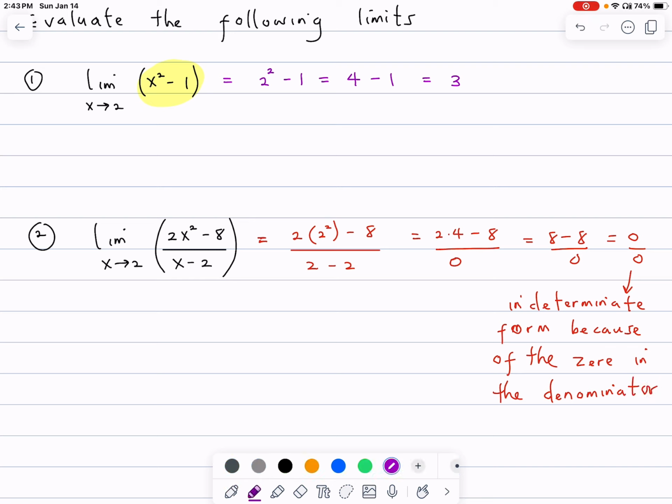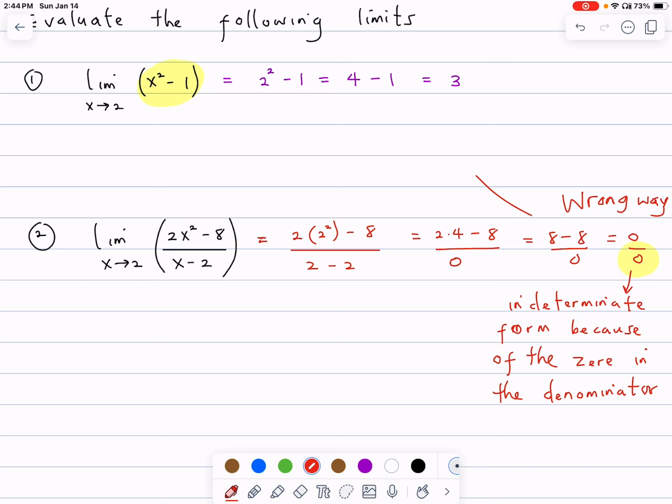So when you evaluate a limit and you get 0 in the denominator, we call that an indeterminate form. So when you get an indeterminate form, that tells you that that's the wrong way to evaluate that limit. So this is a wrong way. So we X this. This is wrong.